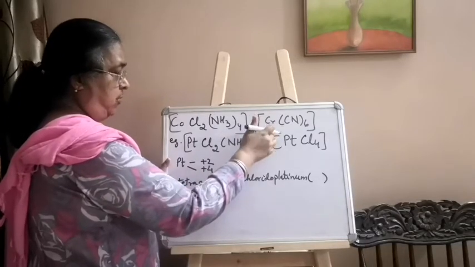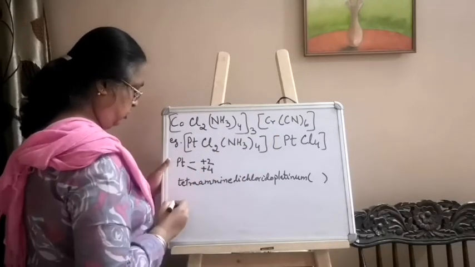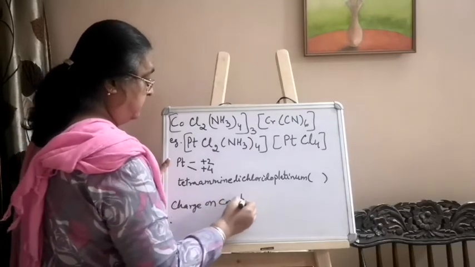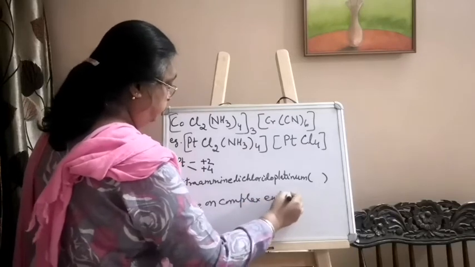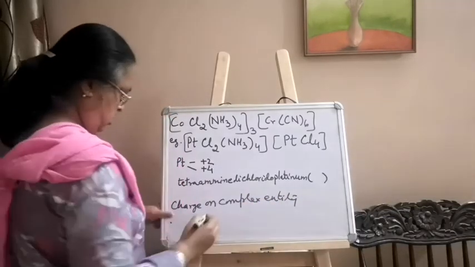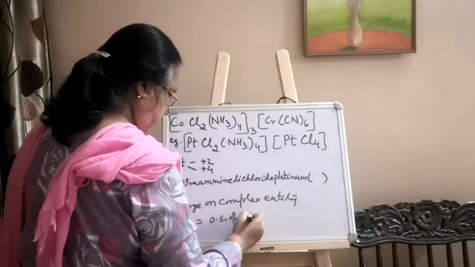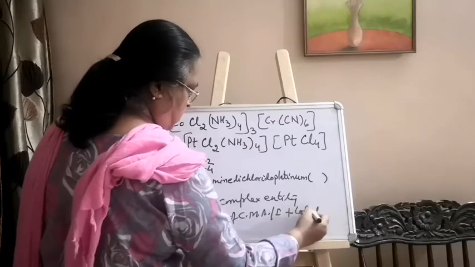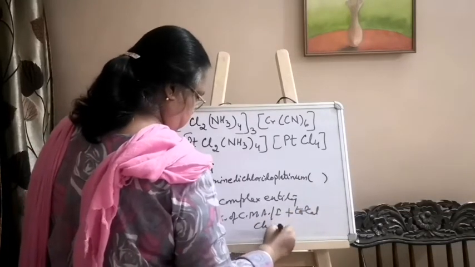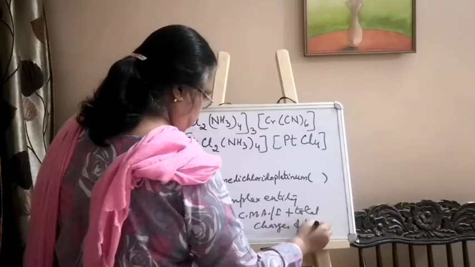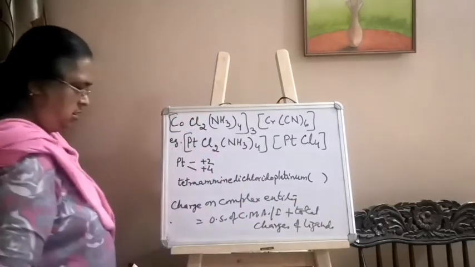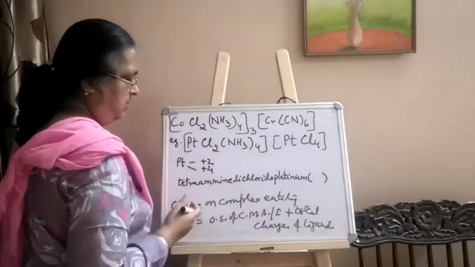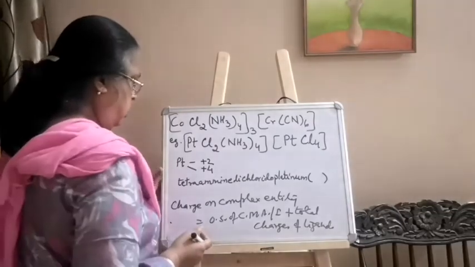The charge on the complex entirety is equal to the oxidation state of the central metal atom or ion plus the total charges of the ligands. If you know these, you can easily establish the charge.